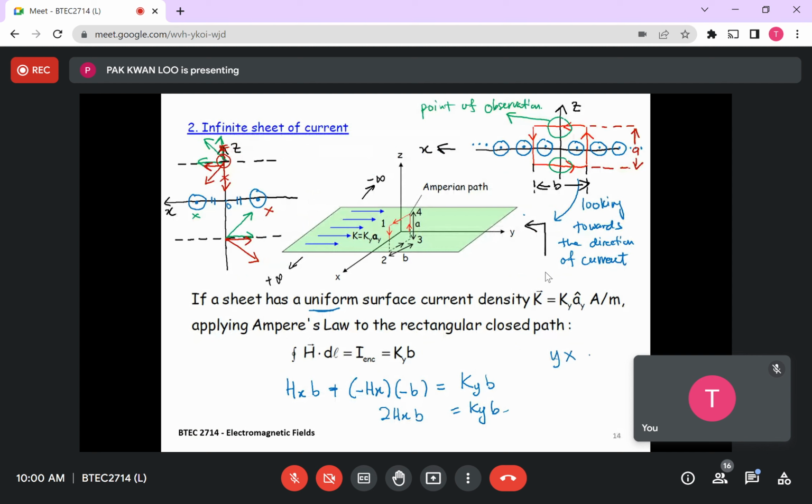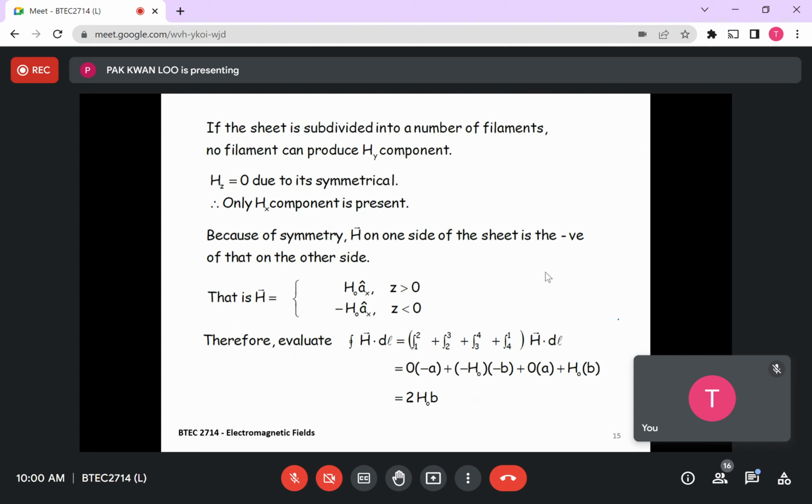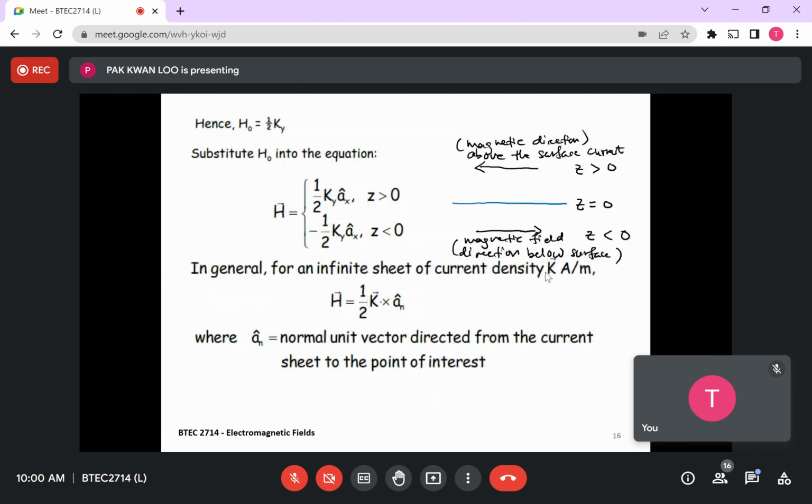Y cap crossed with z cap, where z cap is the normal to my surface, gives x cap. So in general, the surface current direction crossed with the normal direction from the surface produces the magnetic field direction.